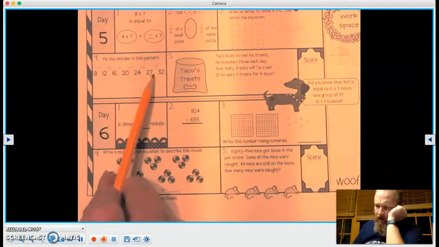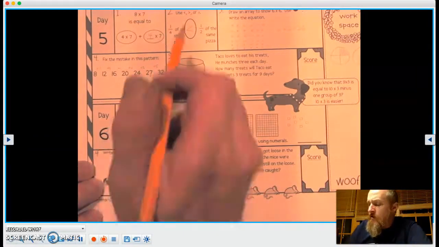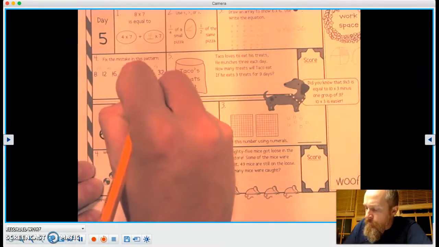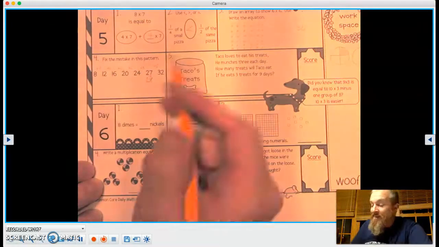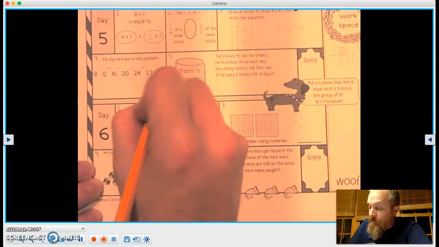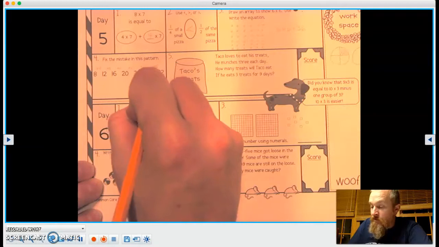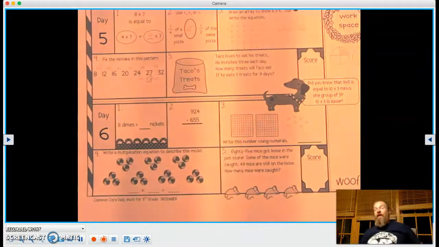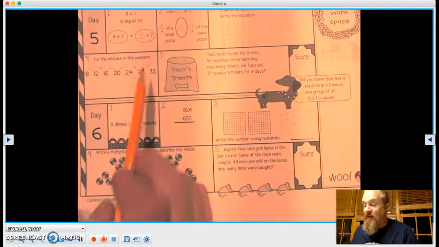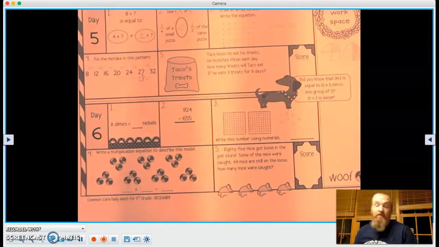Okay, so I'm thinking if we change this one to 28, now we have plus 4, and from 28 to 32 is also plus 4. I think that would be perfect, right? So this is our answer. That is how we would fix that one.